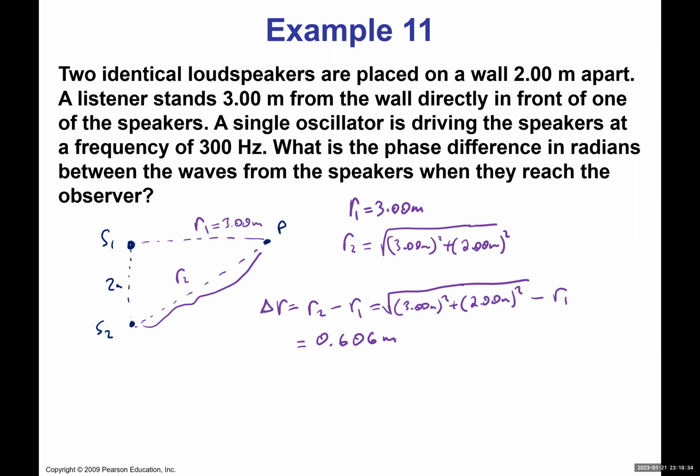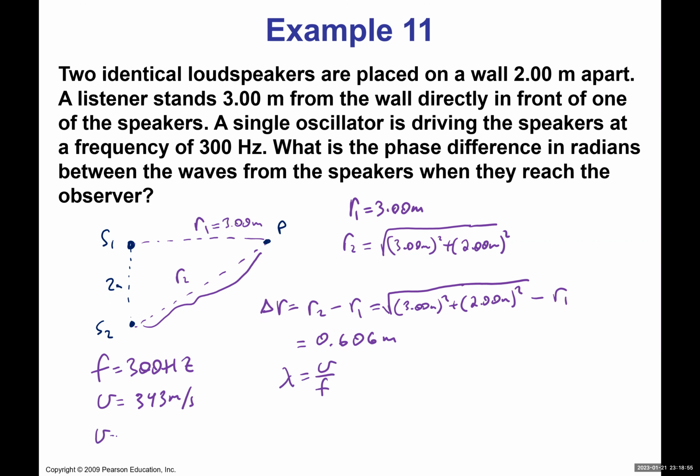Now, since we are given the frequency, and again, of course, this is a sound wave, we know the velocity, which is 343 meters per second. We can use that information to calculate the wavelength. So wavelength is V over frequency.